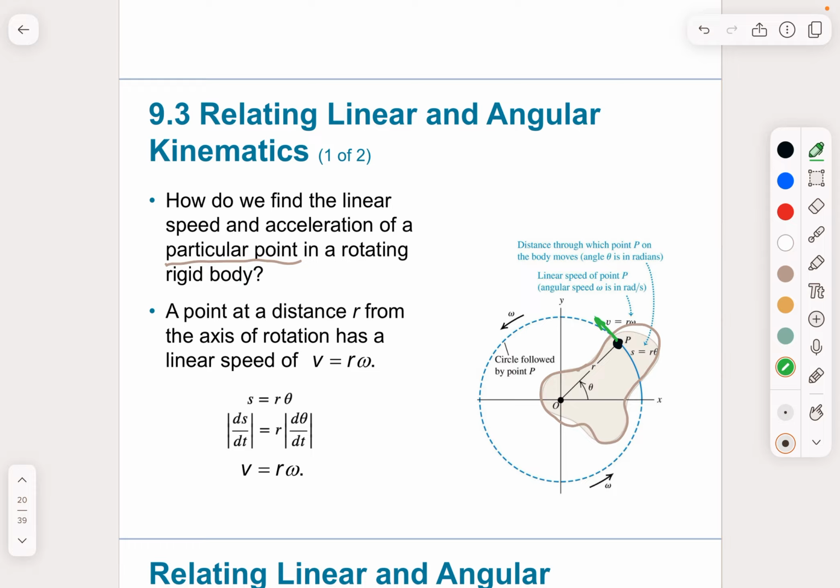So at this point, a distance r away from the origin, okay, meaning it's going to have an xy coordinate as such. That means, okay, hold on.